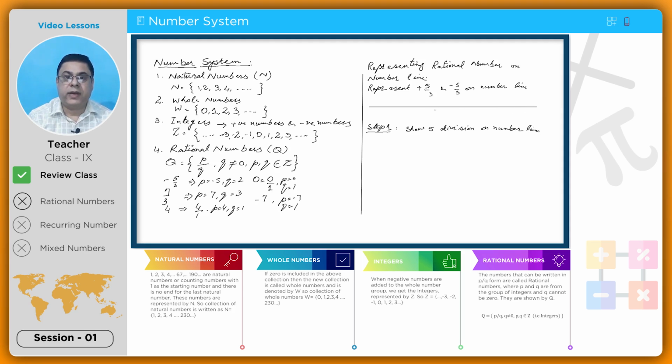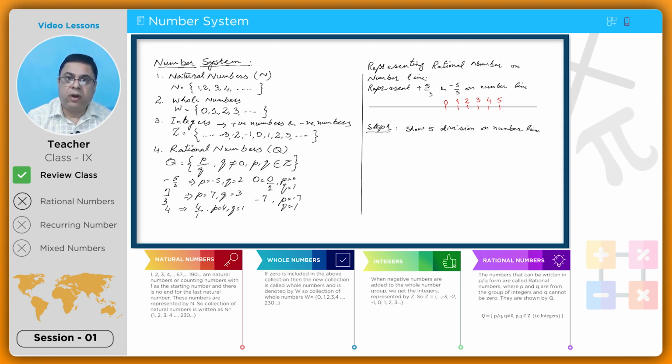Now the second and important thing is that the denominator part is equal to 3. In that case, every division on the right side is equal to 1 unit. So all these units combined together are equal to 5 units.